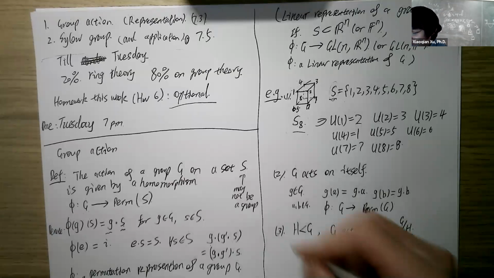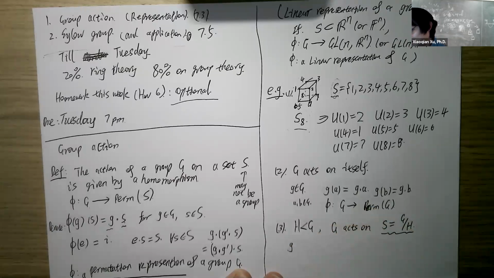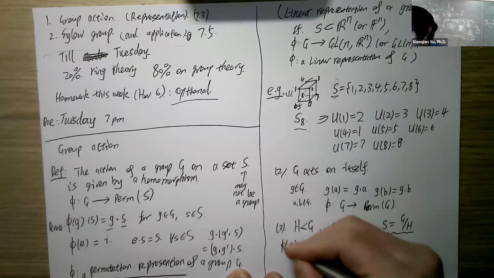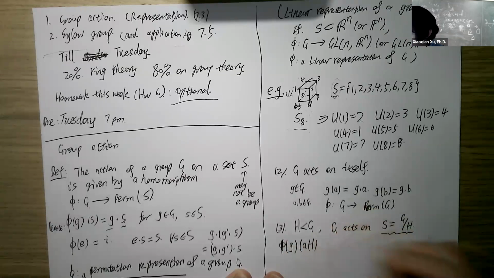In a very natural way, which is, okay, this g, or maybe we write it as phi g will be a little bit better. Phi g acting on an element of G over H. An element of G over H is a coset of H. Don't forget this.